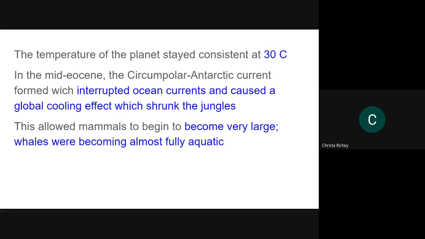All right, so anyways, the temperature of the planet was about 30 degrees Celsius. And see, 20 degrees Celsius is room temperature, 70 degrees. So just to put that in perspective, in the Eocene, the circumpolar, which means goes around the pole, Antarctic, the South, current was created.